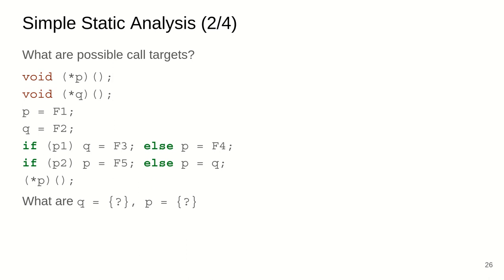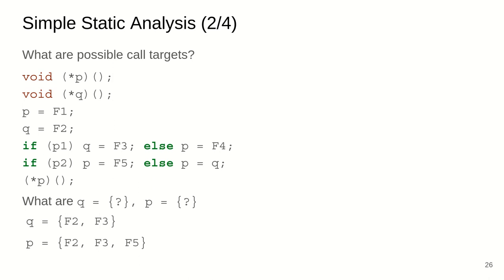And if you track the flow of the program, we figure out that Q is assigned F2 and another time F3. So Q can be F2 or F3, and P, if you go backwards, can be either F5 or Q. So P can be F2, F3, or F5, right? So the reaching definitions at the point P are either F2, F3, or F5.